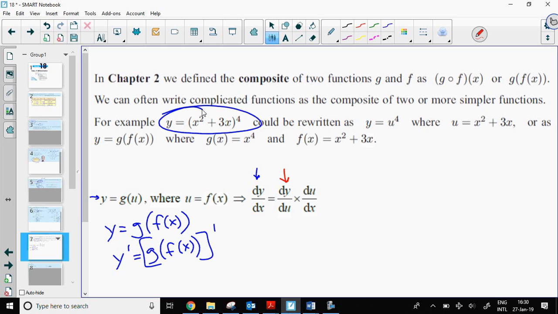Why is it dy du? Well, because here we have y as a function of u. And then they multiply by du dx. Why is it du dx? Because u is a function of x.